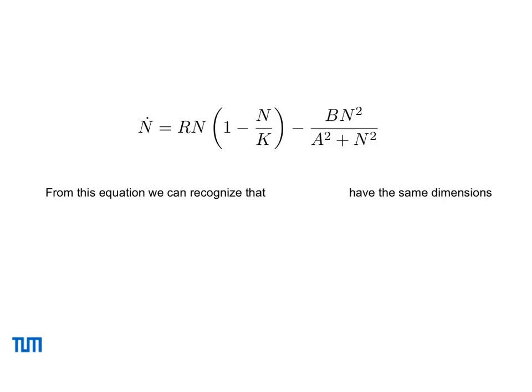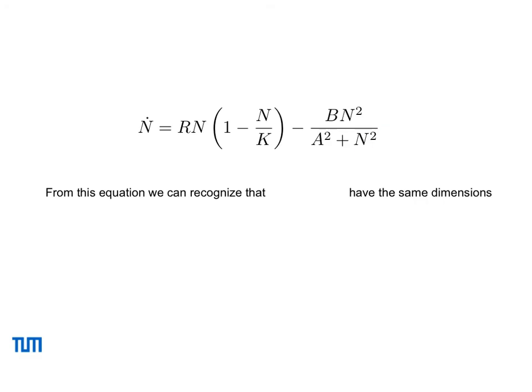The first thing we have to see is that right now it's not simple to know the dimensions or the units of the different coefficients we see here. We have an R, we have K, we have A, we have B. But based on a very simple analysis, we can see, for example, that you have a sum that makes sense.